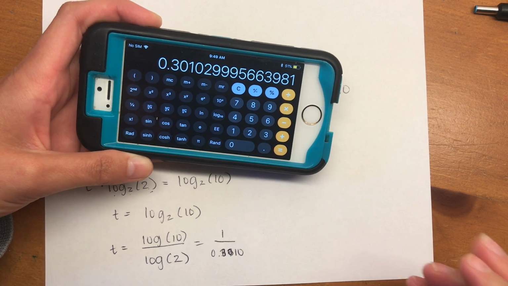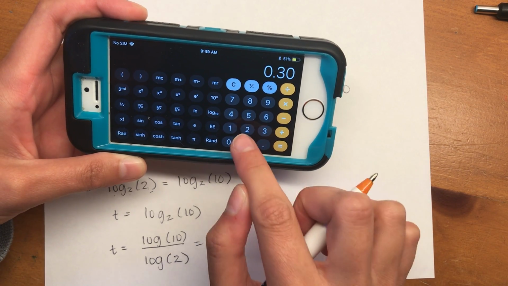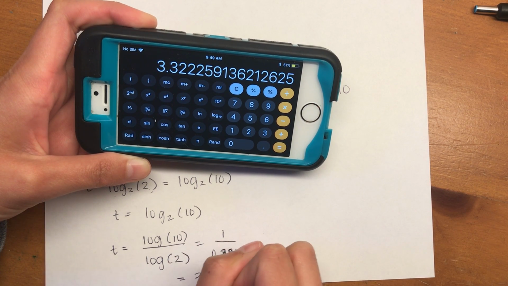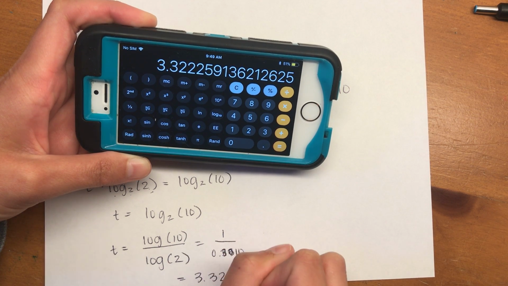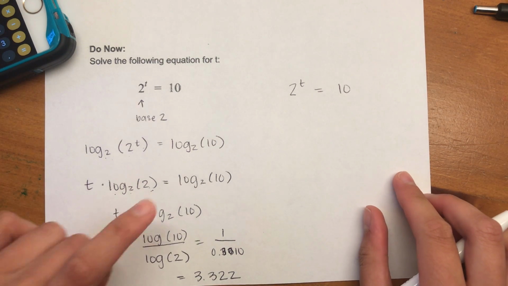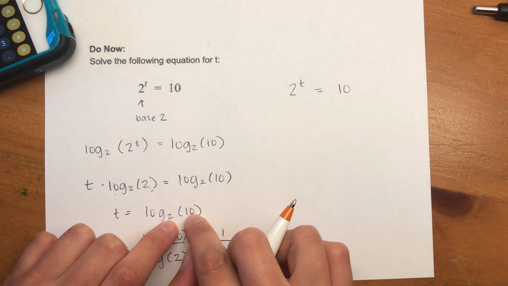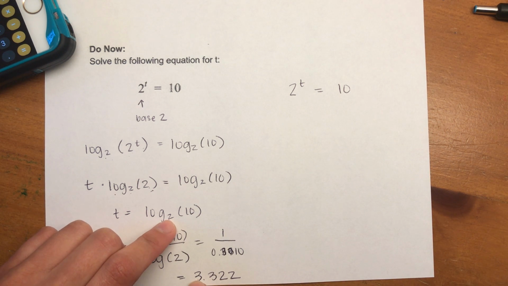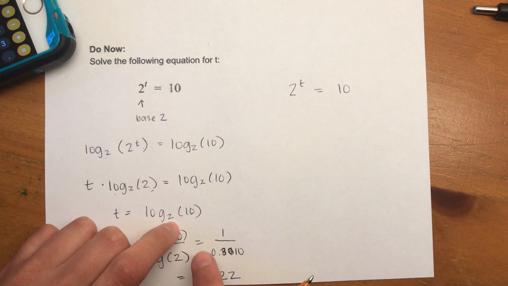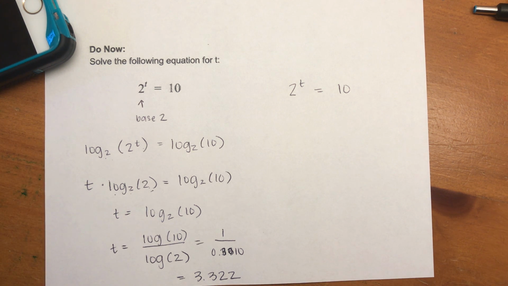Then I would divide 1 by 0.3010, and I would get t equals 3.322, which, if we think about it, should make sense, because I'm thinking 2 to what power is 10, right? I know 2 to the third power is 8, and 2 to the fourth power is 16, so 10 is somewhere between 8 and 16, so 3.322 makes sense.